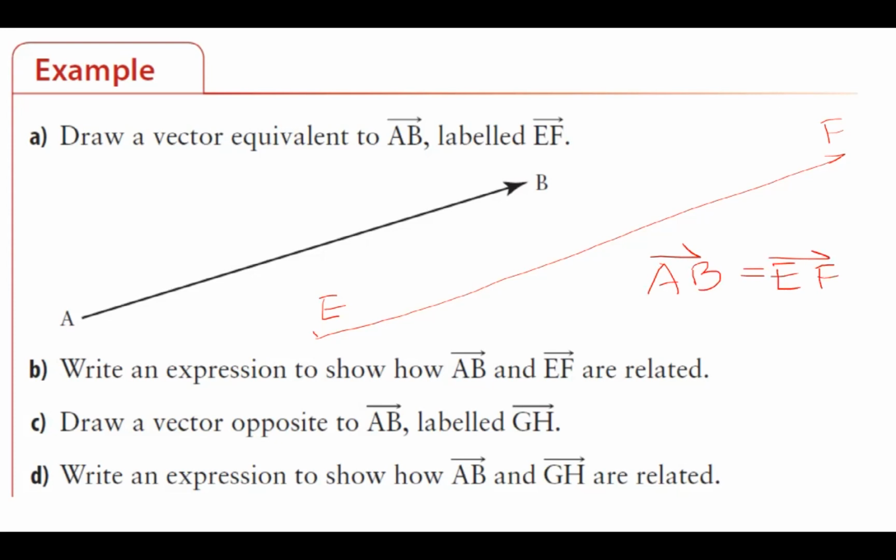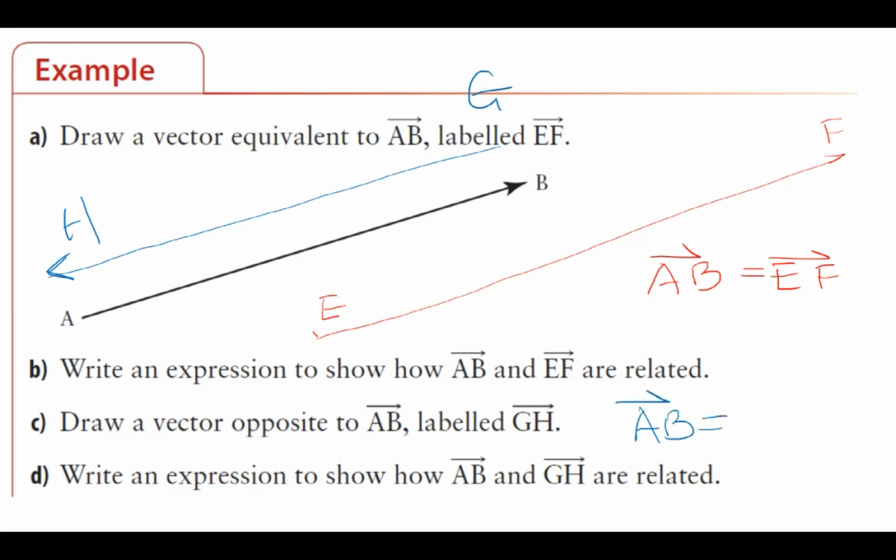And in order to draw an opposite vector, remember that opposite vectors have the same magnitude, but they have the opposite direction, right? So we need to draw the arrow like this. So this is called GH. GH is opposite to vector AB. And we can use this symbol to indicate they are opposite.